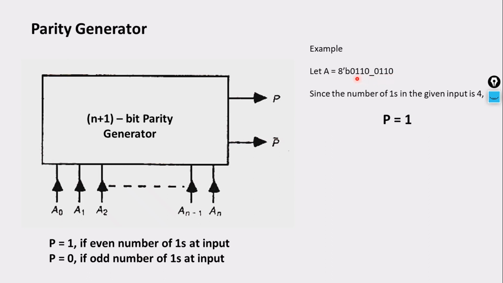The parity bit generator is not going to count the number of zeros; it is going to count only the number of ones. Based on the count, whether it is even or odd, the parity is generated.